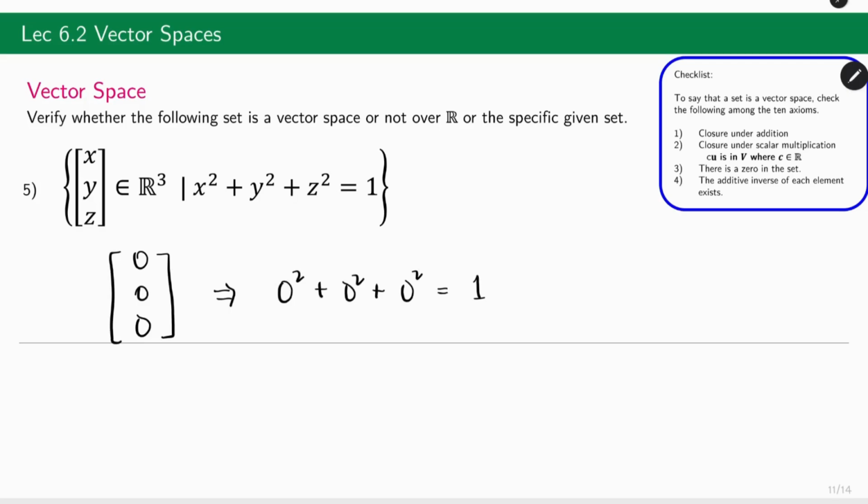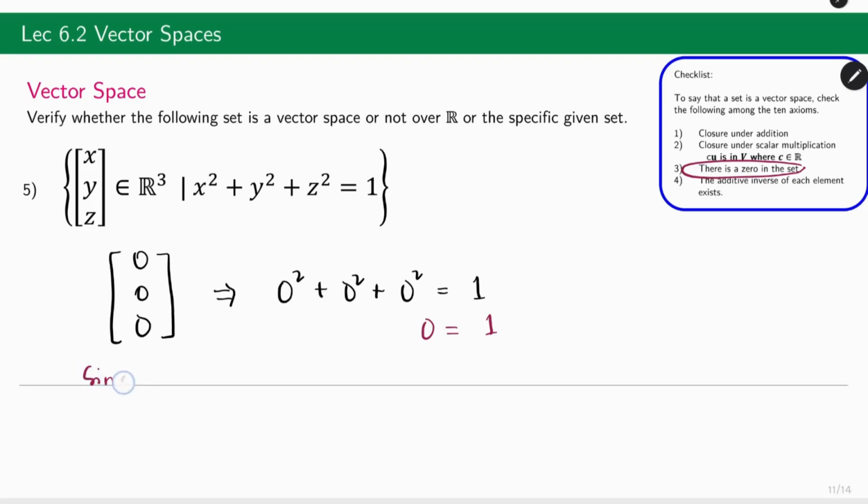A contradiction: 0 is equal to 1. This is a contradiction because 0 is not equal to positive 1. So here, we can skip the closure under addition, multiplication, and the additive inverse, as well as the other 6 axioms, and just proceed with this one. The third: there is a zero vector in the set. This one is violated.